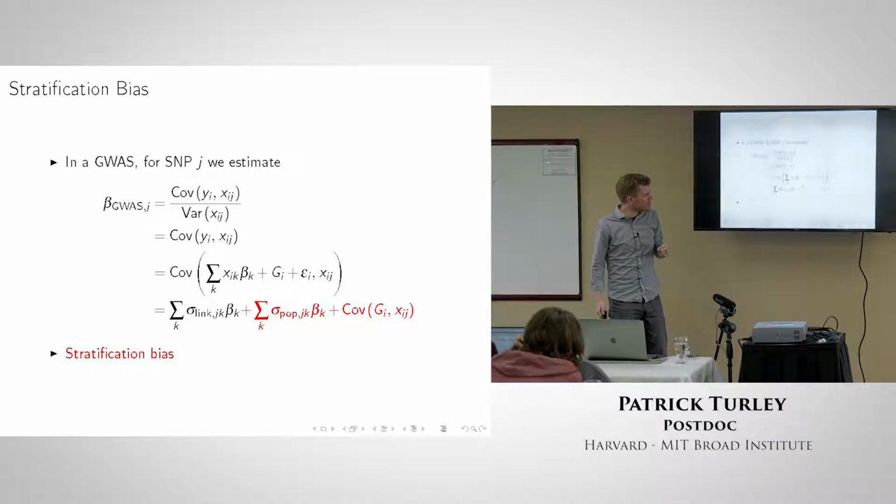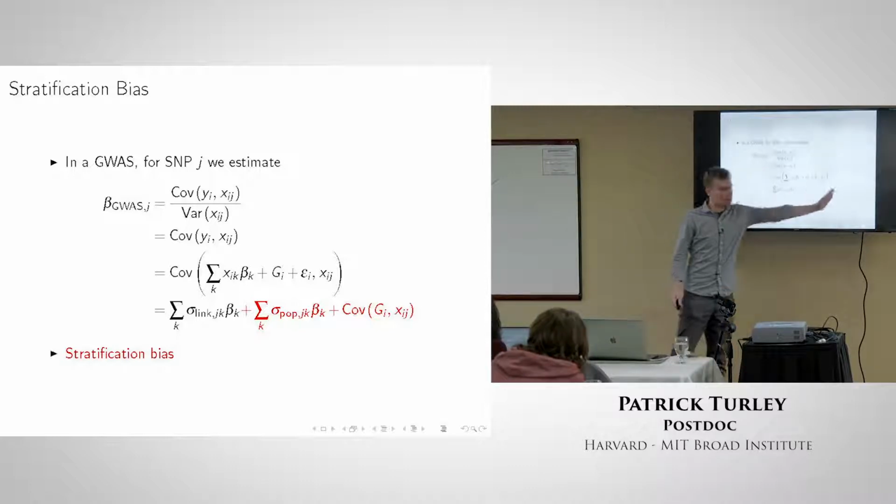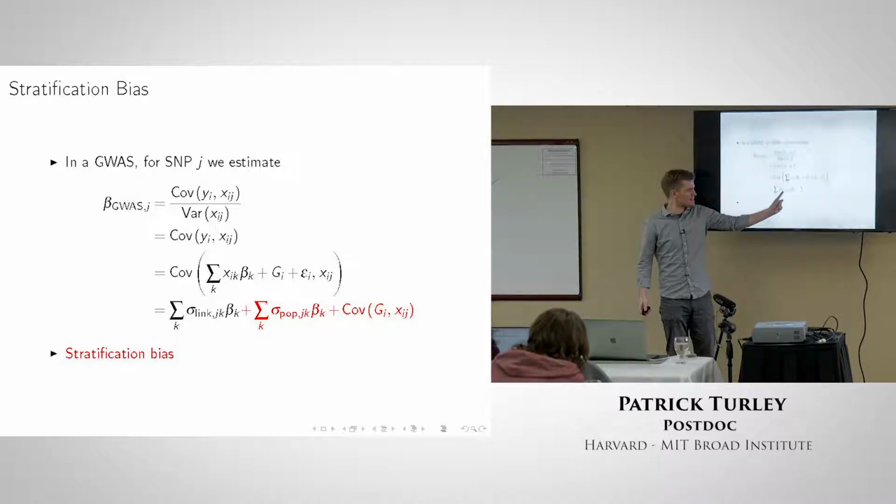Now, in general, when we talk about the bias due to stratification, we're just referring to this part here. But this is technically biased too. If we want to know what's the actual effect of SNP-J, then there's a lot of stuff in here that isn't the effect of SNP-J. Why might we care less about that? Thinking about if the goal of GWAS is to identify regions that are associated with our phenotype, why is this bias not as concerning?